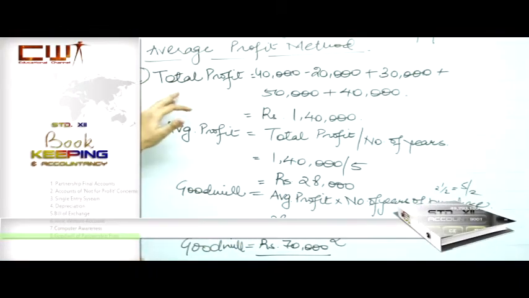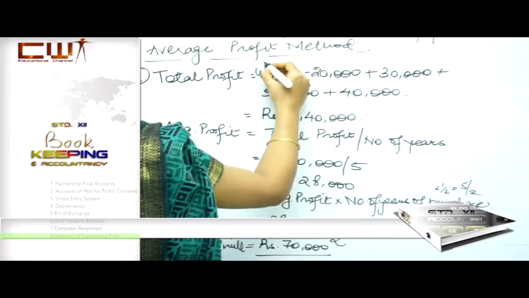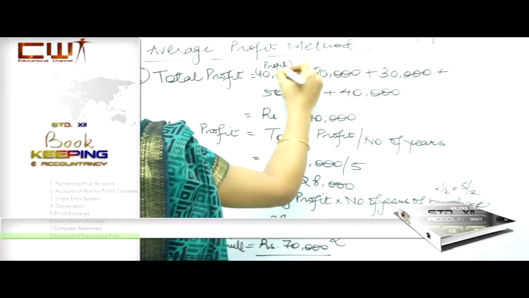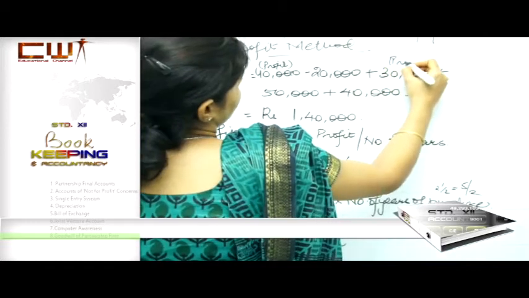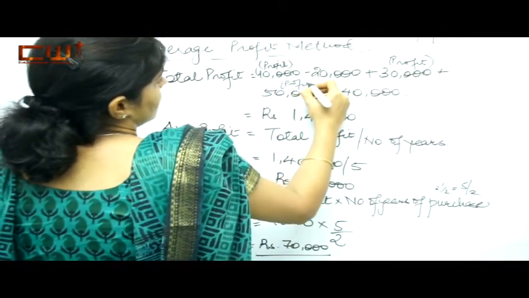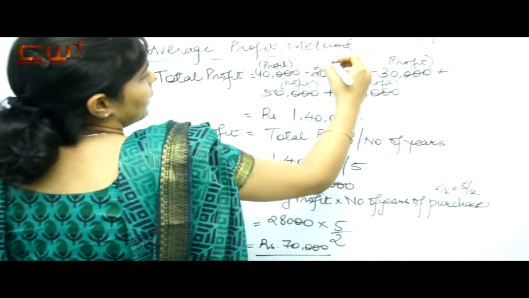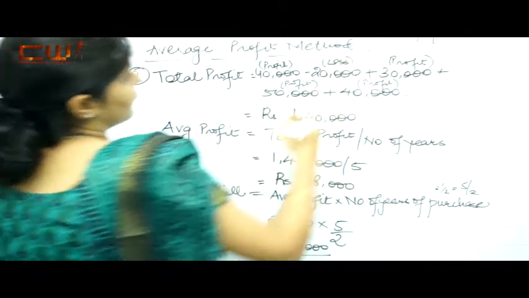So this was a different question because here you had all profits except one. This was a profit, this was a profit, this again was a profit. This was the only loss figure that was given to you.